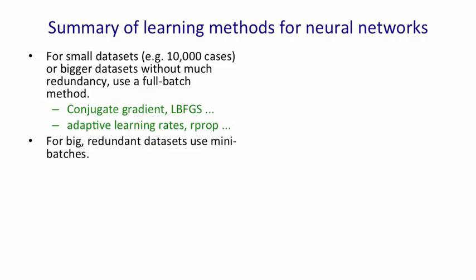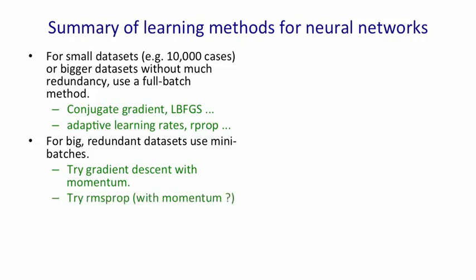If you have a big redundant data set, it's essential to use mini batches. It's a huge waste not to do that. The first thing to try is just standard gradient descent with momentum. You're going to have to choose a global learning rate, and you might want to write a little loop to adapt that global learning rate based on whether the gradients change sign. But to begin with, don't go for anything as fancy as adapting individual learning rates for individual weights. The next thing to try is Rmsprop. That's very simple to implement if you do it without momentum.